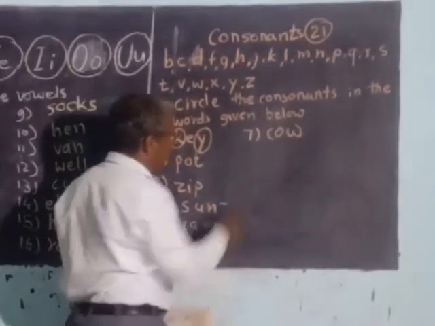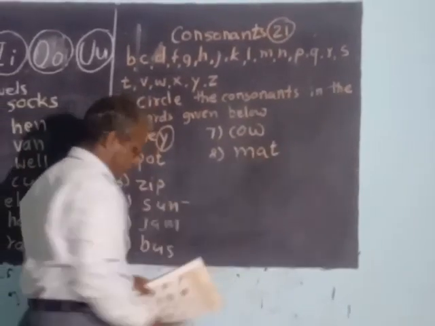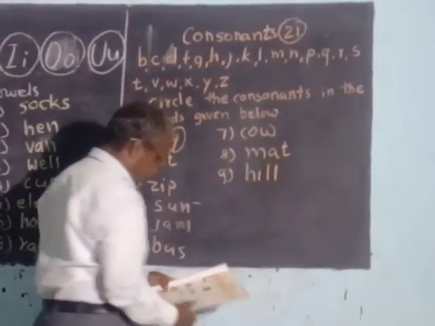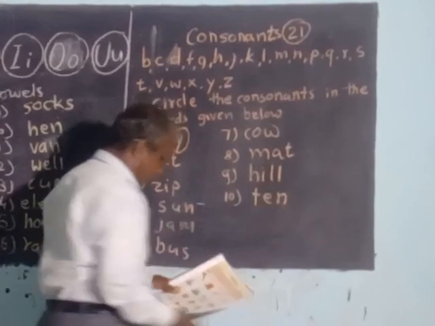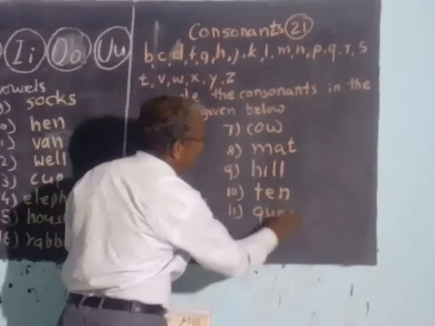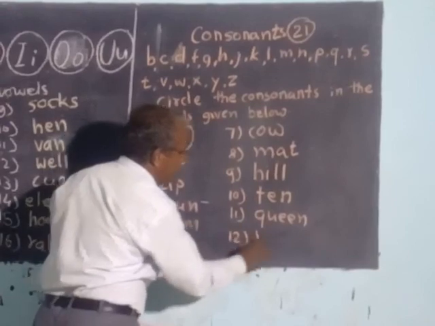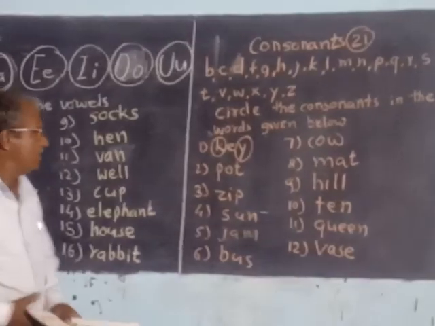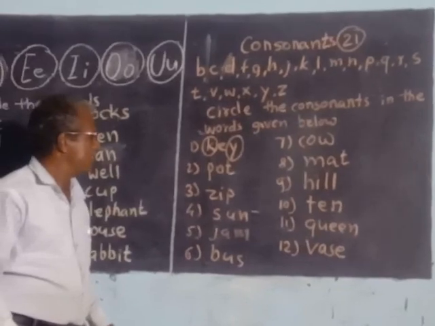Cow. Mat. Hill. Ten. Queen. Yes. Read all words carefully and circle the consonants which are in the words.